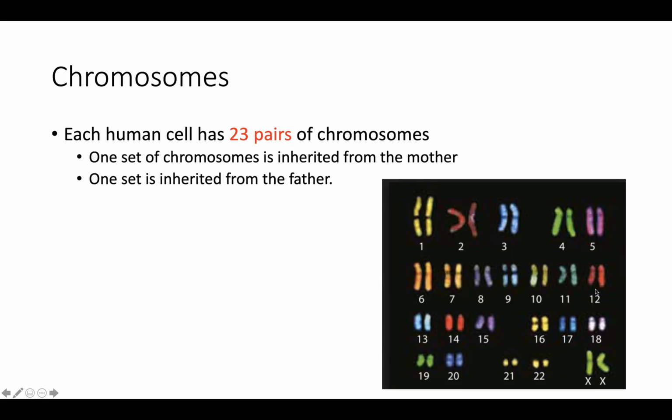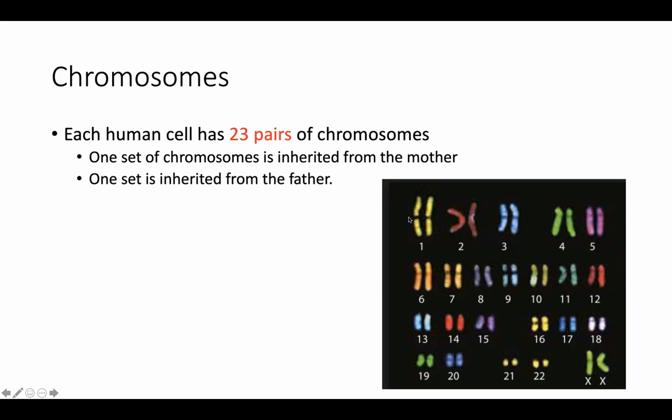And so we can look at this human karyotype and identify a number of things about an individual. The Human Genome Project has allowed us to map the human genome, and we know which genes are found on which chromosomes. We know which genes are responsible for various features of a human.